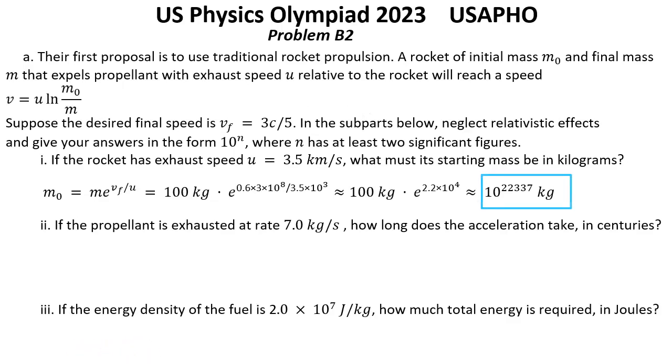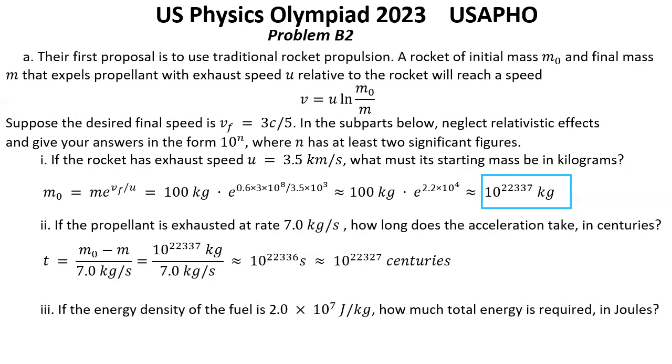Question 2. If the propellant is exhausted at rate 7.0 kilograms per second, how long does the acceleration take in centuries? Solution. So here we can use the formula time equal mass difference, which is m0 minus m, divided by exhaust rate, which is 7 kilograms per second.